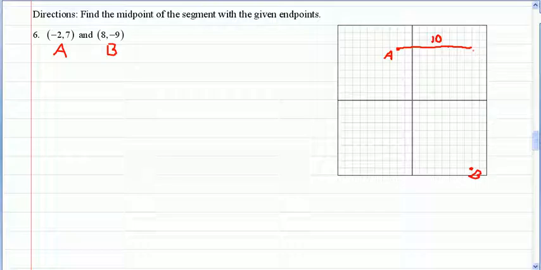And if I count the number of boxes that are vertical, I would count 16 boxes. So I can see by my graph that the midpoint is right around this area here.